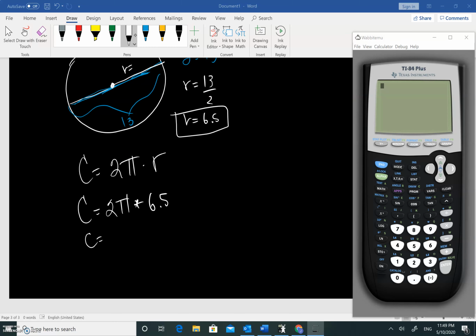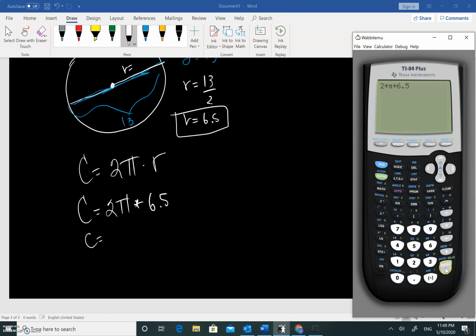Now, because I'm being asked to round my answer, I'm not going to multiply 2 times 6.5. I'm going to multiply all three numbers. Remember, it's 2 times pi, which in my calculator is second, and then the arrow pointing up, 2 times pi times 6.5.